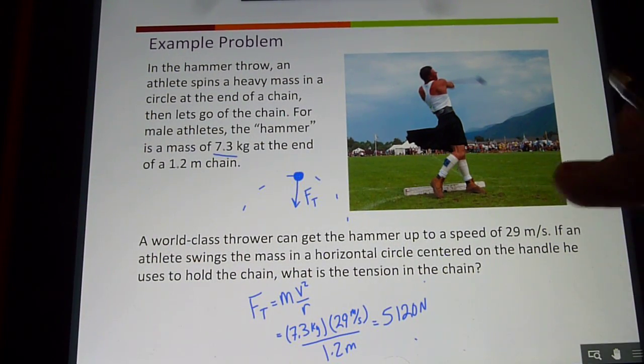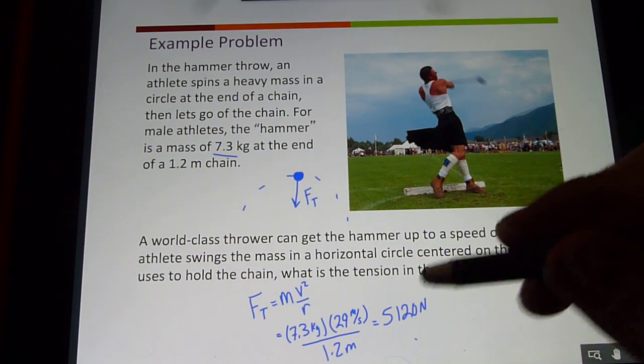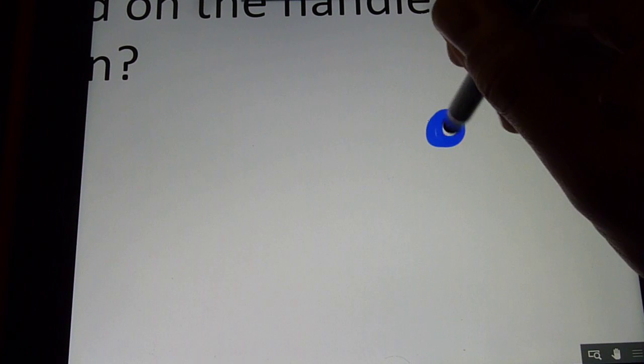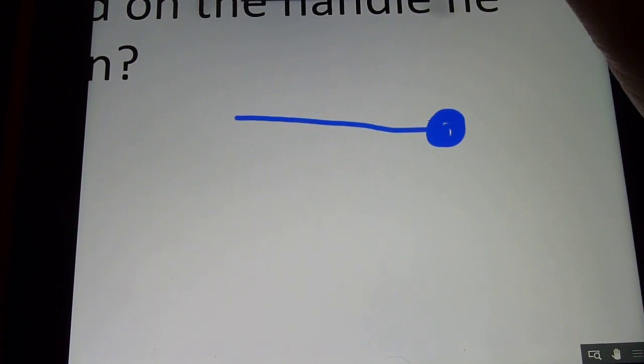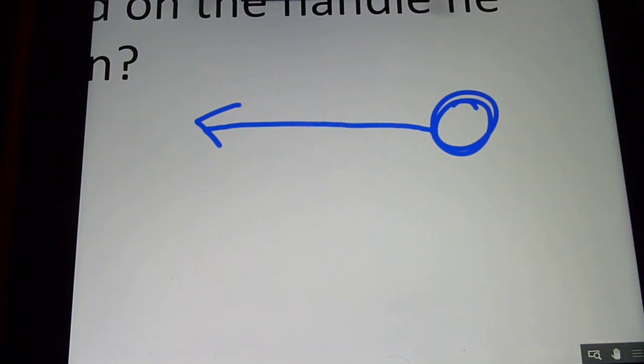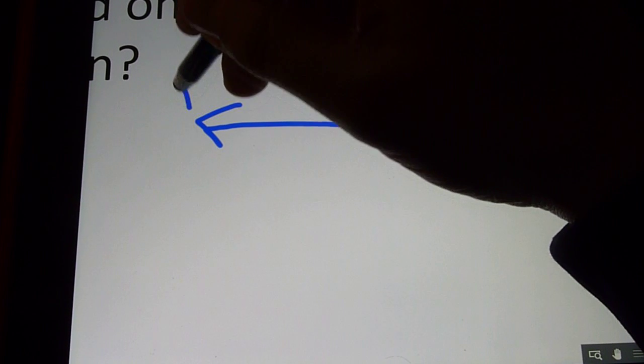So my free body diagram in 2 dimensions, knowing that this is my tension force, would probably look something like this. My tension force in towards the center, that would be Ft.